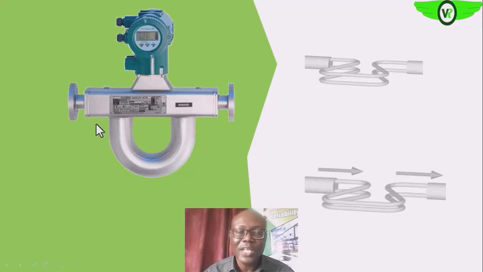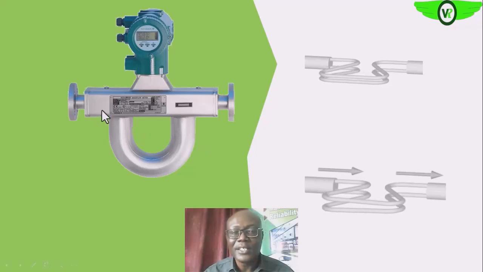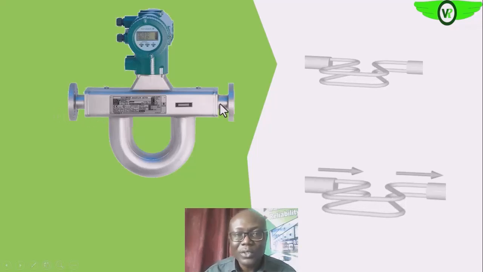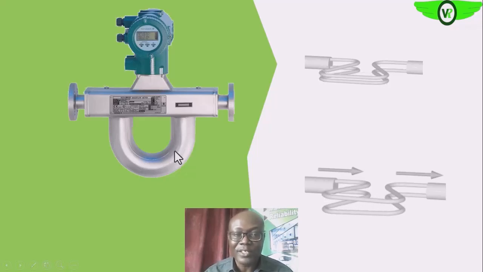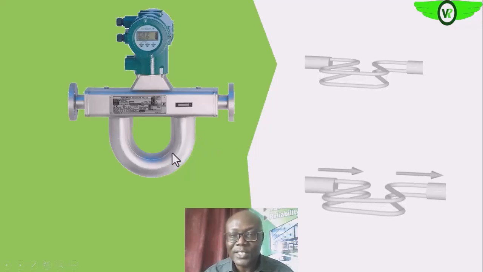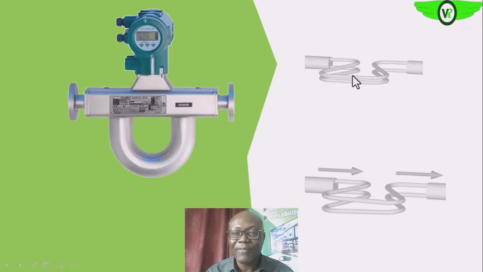Now, ordinarily, when there is no flow through the tubes, and the drive coil is energized, those two tubes within this section of the flow meter will be vibrating. Are you getting it? As they are vibrating, the vibration is not distorted, so to say.